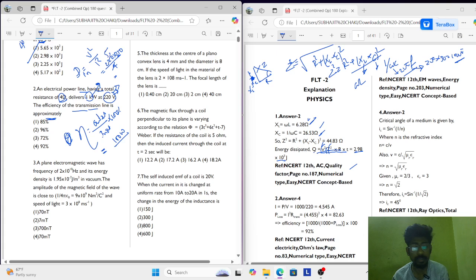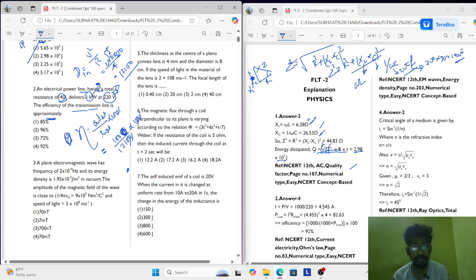This is 55 into 22, which is 55 into 11 into 2. 11 into 11 is 121, 121 into 2 is 242, and 242 into 5 means 1210. So efficiency is 1000 by 1210 into 100.